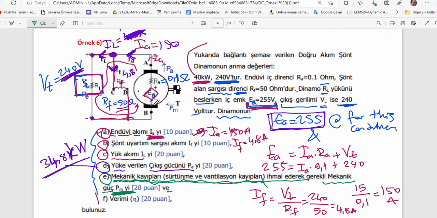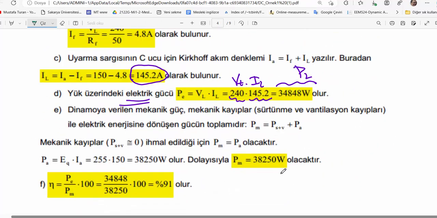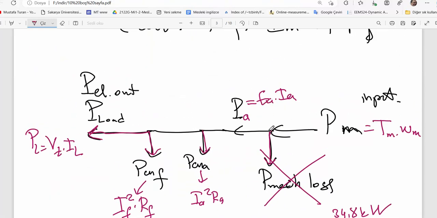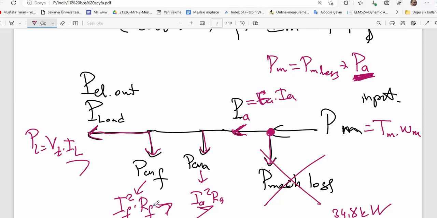Let's examine the solution. Here in this case, armature power is written differently, no matter. Let me show you. You can also write this node equation. Mechanical input power is equal to mechanical losses plus armature power, induced power. So instead of calculating those three together and summing them, you can simply calculate only this guy.